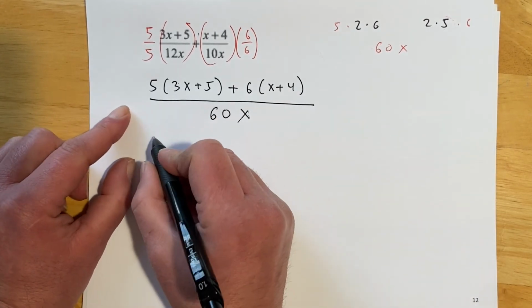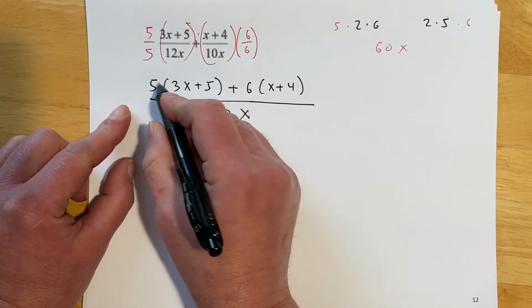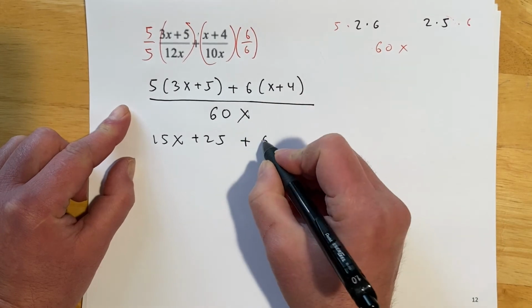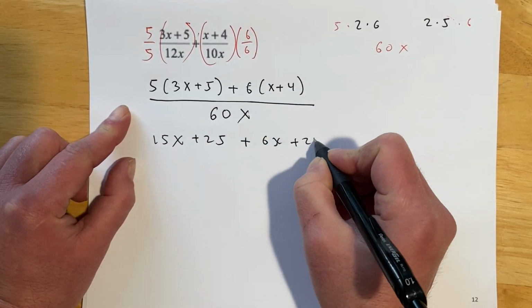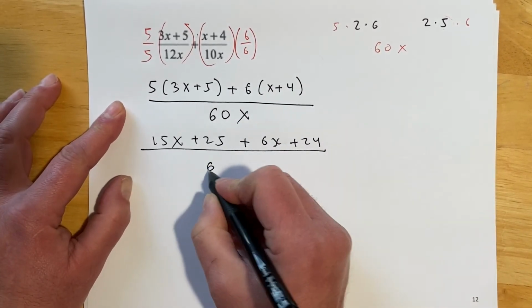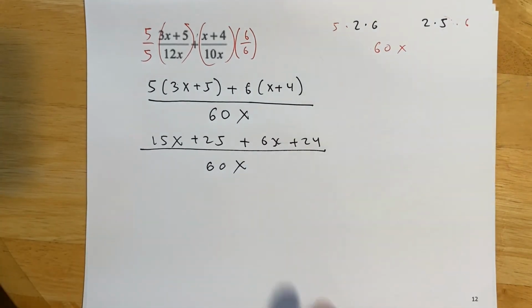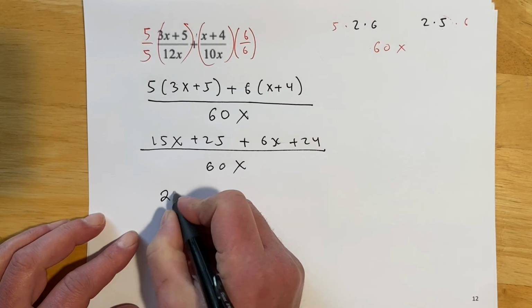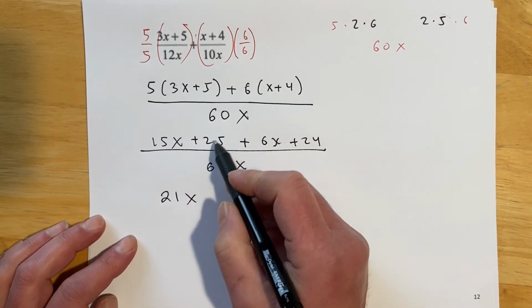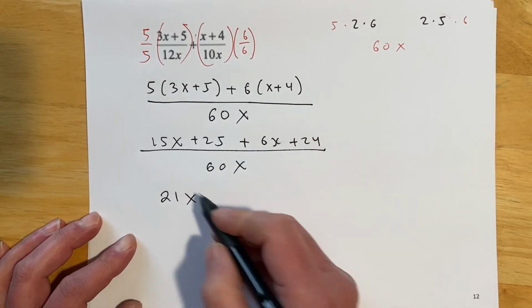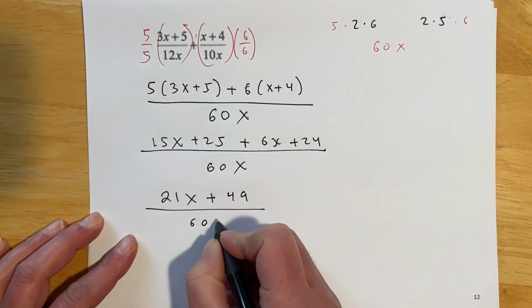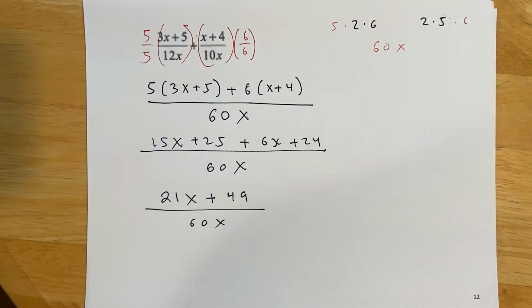So 5 times 3 would be 15x plus 25, minus 6x plus 24 over 60x. Then collecting my like terms, I got 15 and 6 there, so that's 21x. 25 and 24 would be 49 over 60x.